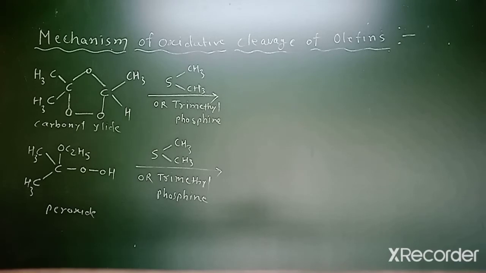That means oxygen gets bonded with the sulfur of dimethyl sulfide, and the carbonyl halide and peroxide undergo reduction to form the corresponding aldehydes or ketones. Now let us see how the reaction takes place.